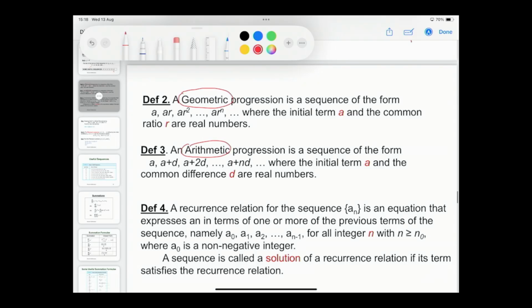The arithmetic sequence should be like this: we add just a certain value, then we obtain the next value in the sequence. But for the geometric, it has to do with not addition, but multiplication, right, here.